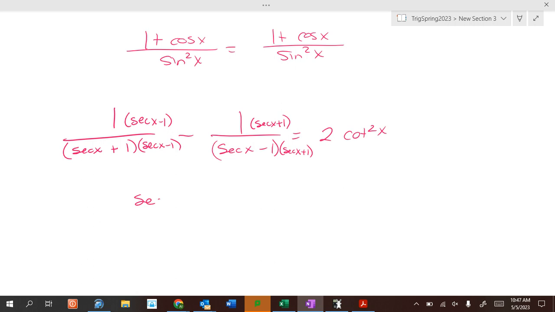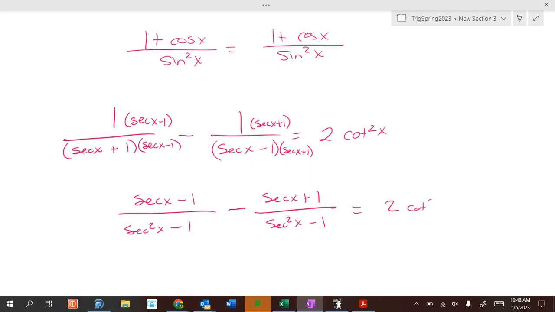So you get secant of x minus 1 over secant squared of x minus 1 minus secant of x plus 1 over secant squared of x minus 1. I think this is negative 2 cotangent squared of x, now that I think about it.